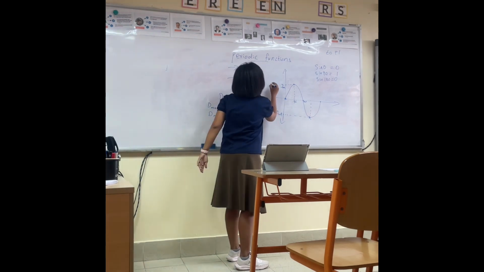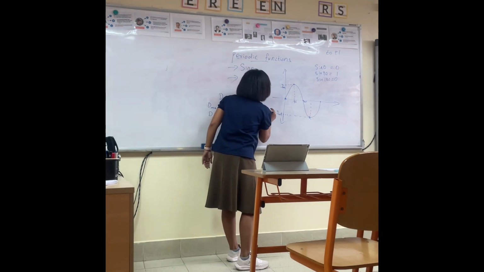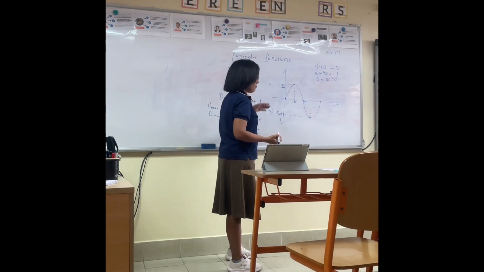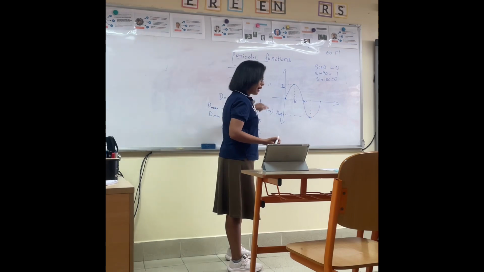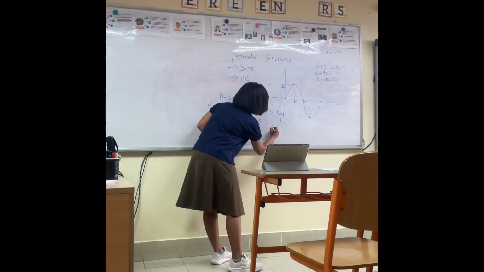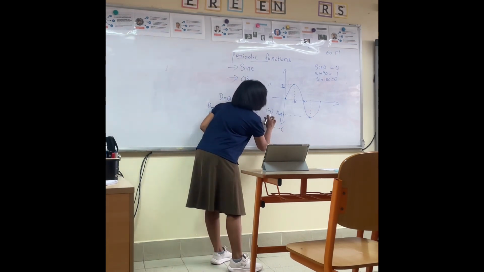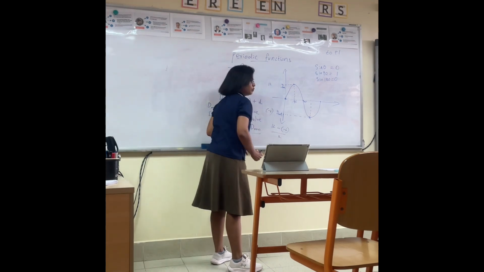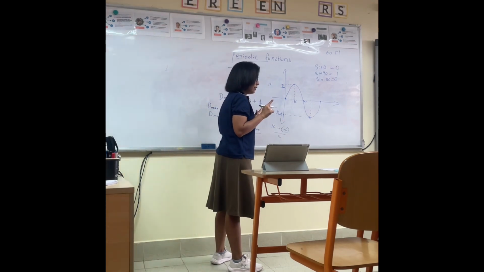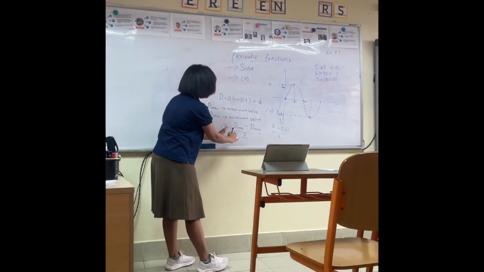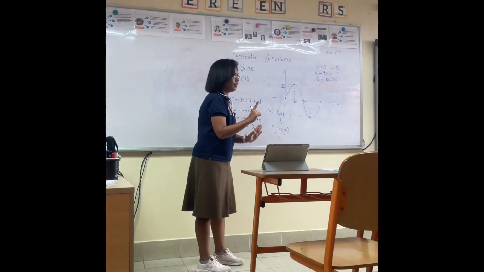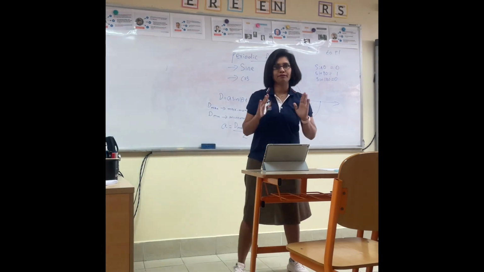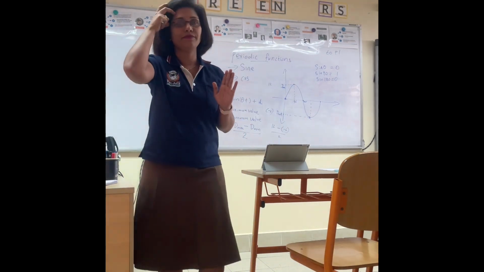For example, if this one is 12 and this one is minus 6, how can you calculate it? 12 minus, in the bracket, minus 6, divided by 2. That is the amplitude. Understand? If you do that, you will get the A value. Clear? Please write that one. That is the important thing.